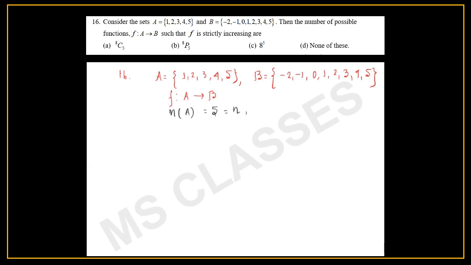We denote it by n. n(B), we have how many elements? 8. That we denote by r. So here r is greater than n. Therefore, the number of strictly increasing functions is equal to rCn, that is 8C5.